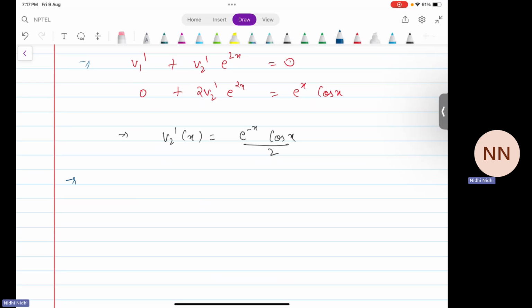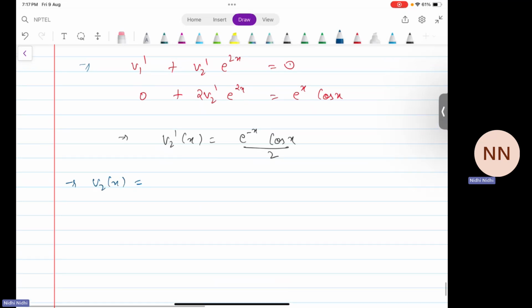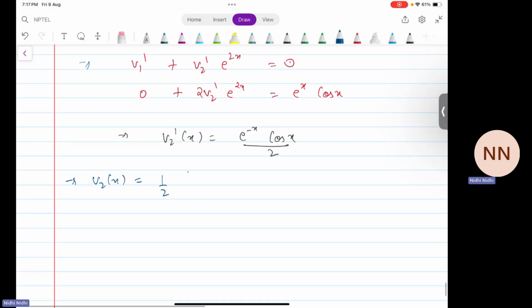This implies v2x is equal to 1 by 2, e to the power minus x as it is, cos x as it is, e to the power minus x by minus 1 minus integration.